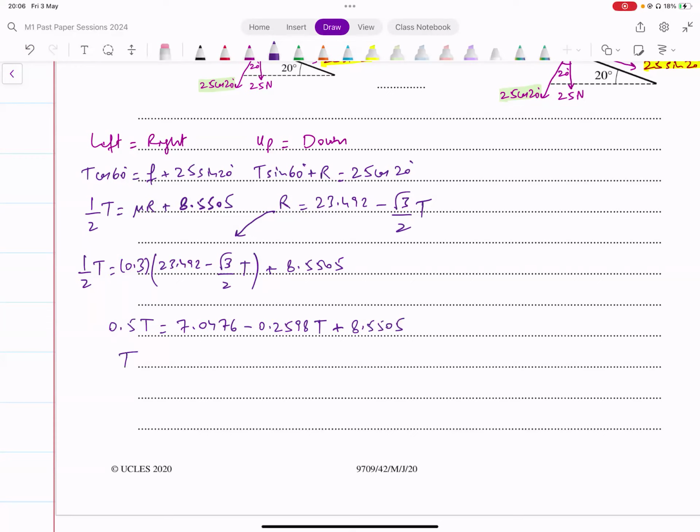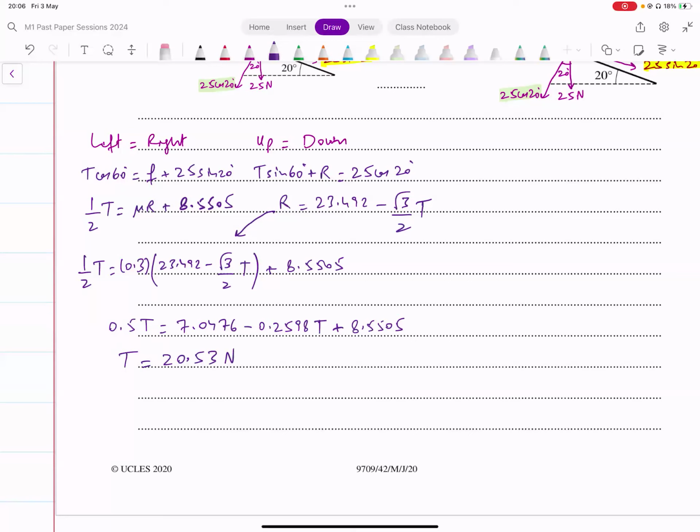And that's giving me some value of t: 7.0476 plus 8.5505 divided by 0.5 plus 0.2598. I'm getting 20.53 Newton from this.